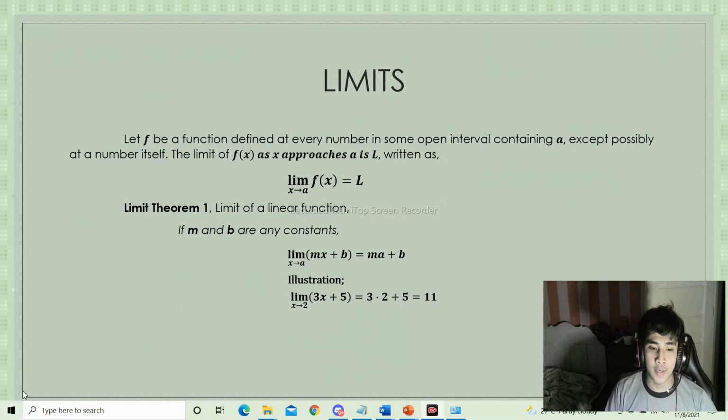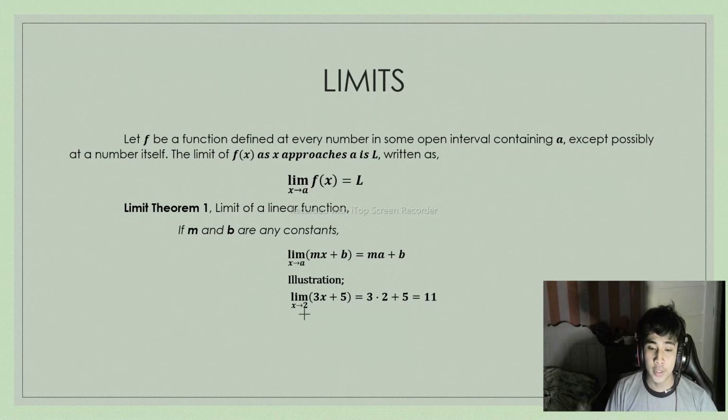So let's have an example. Limit of 3x plus 5 as x approaches 2. We basically substitute 2 for x, and that leads us to 3 multiplied by 2 plus 5 is equal to 11, and 11 will be our final answer.